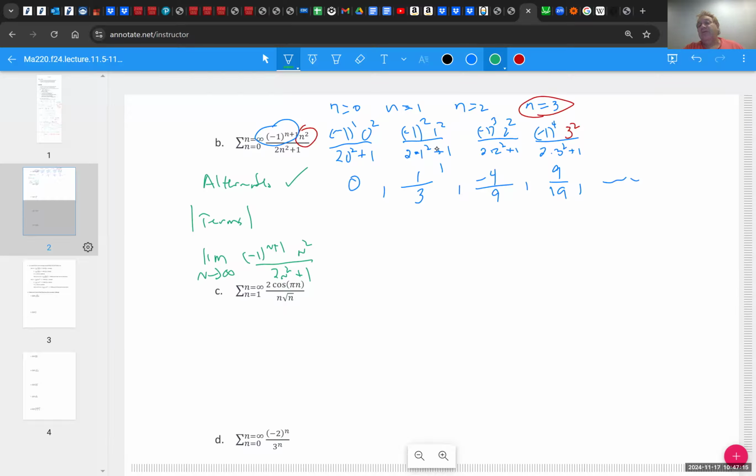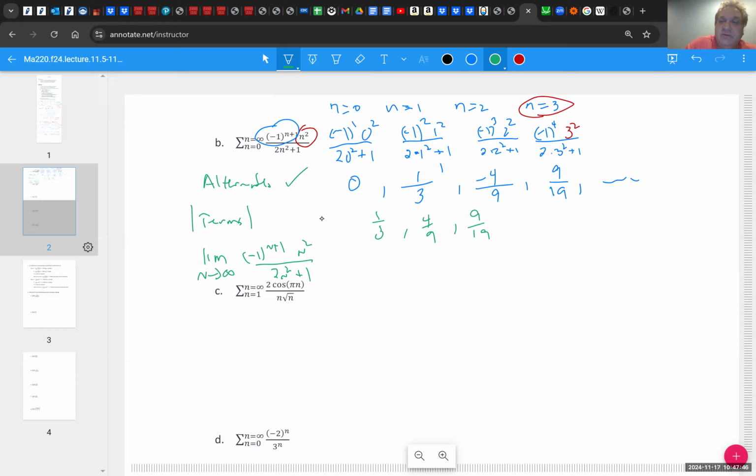We know a larger denominator makes the fraction smaller. But the numerator is getting bigger, right? So the terms are 1/3, 4/9, 9/19, and we can try to see if they get smaller, but it's not obvious like the last one because both the bottom and the top are getting larger. So we don't know if the terms are getting smaller.